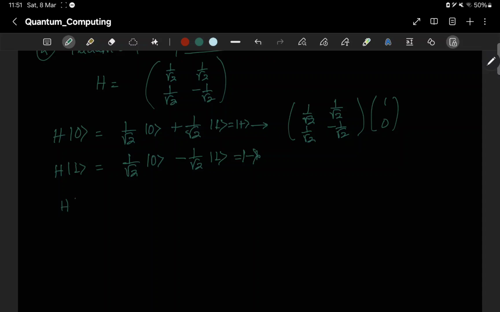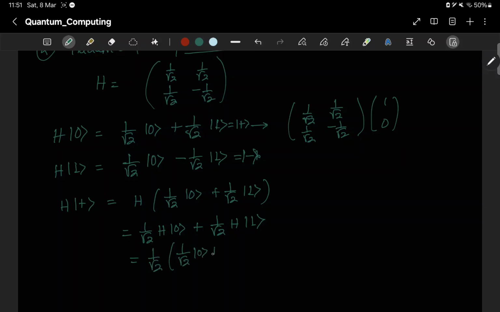Then if we apply Hadamard on the plus state, we'll get Hadamard on 1 by root 2 |0> plus 1 by root 2 |1>. Then let's apply Hadamard to each of the states, as matrix multiplication is associative. So we'll get 1 by root 2 times (1 by root 2 |0> plus 1 by root 2 |1>) plus 1 by root 2 times (1 by root 2 |0> minus 1 by root 2 |1>).